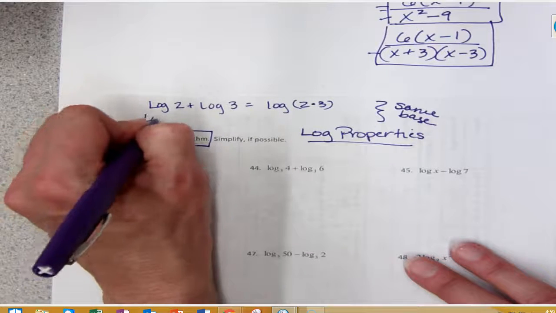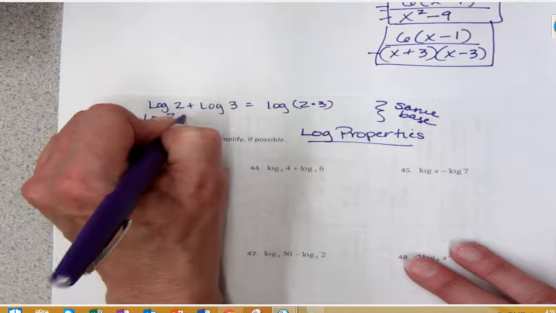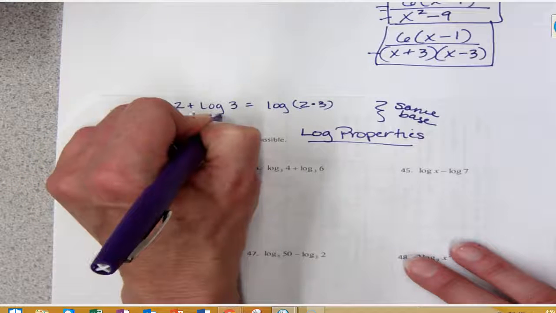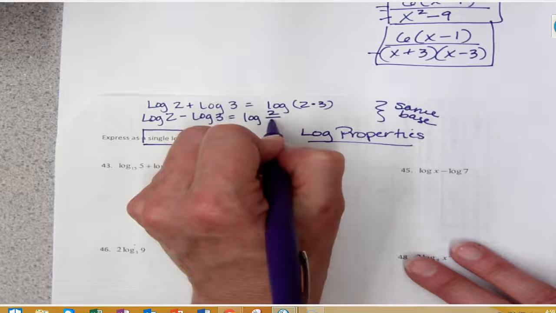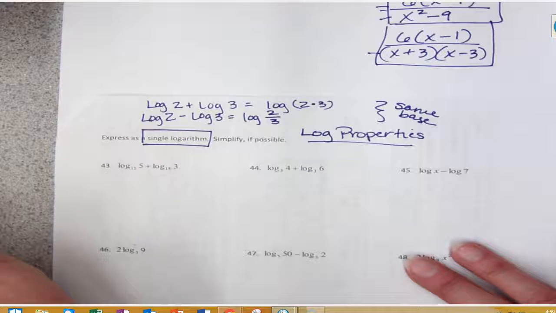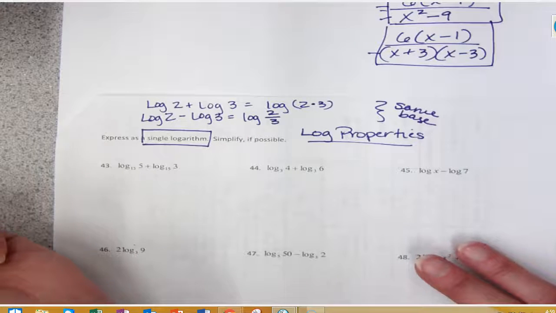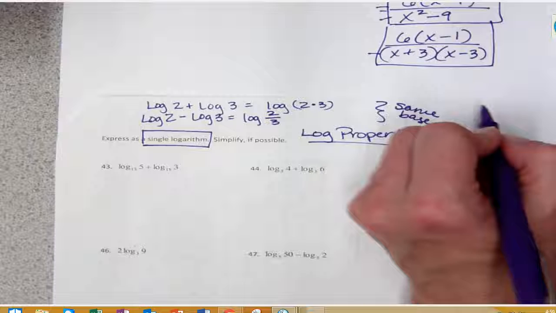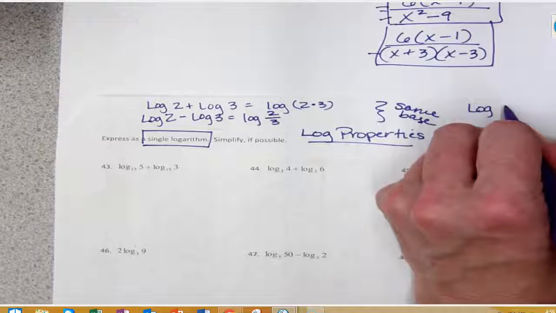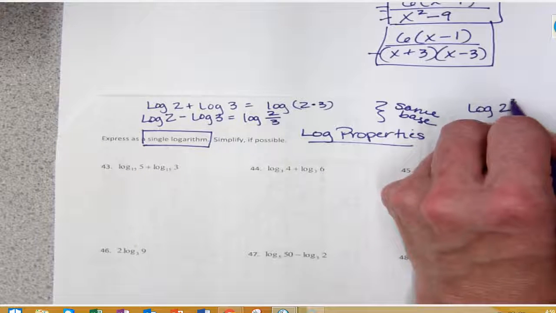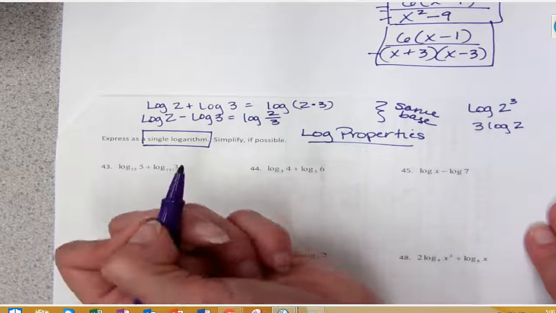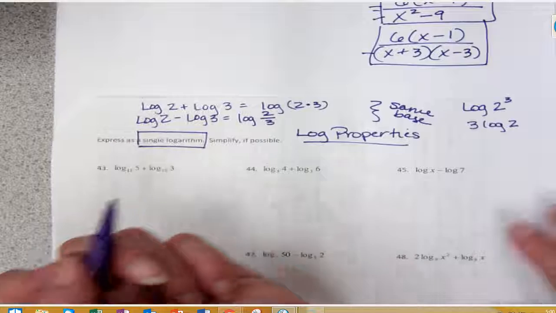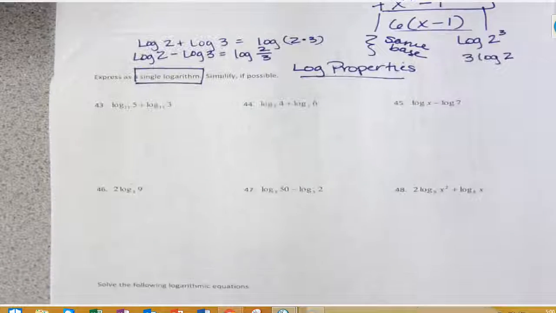Then you have log of 2 minus log of 3. That's going to be log of 2 divided by 3, right? These are your log properties. Then if you have log of 2 to the third power, that's the same as 3 log 2. All right. So hopefully you can do those.